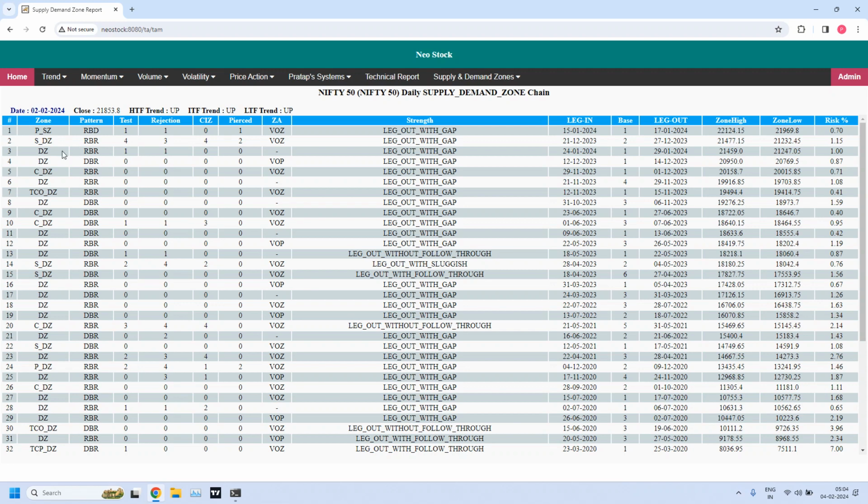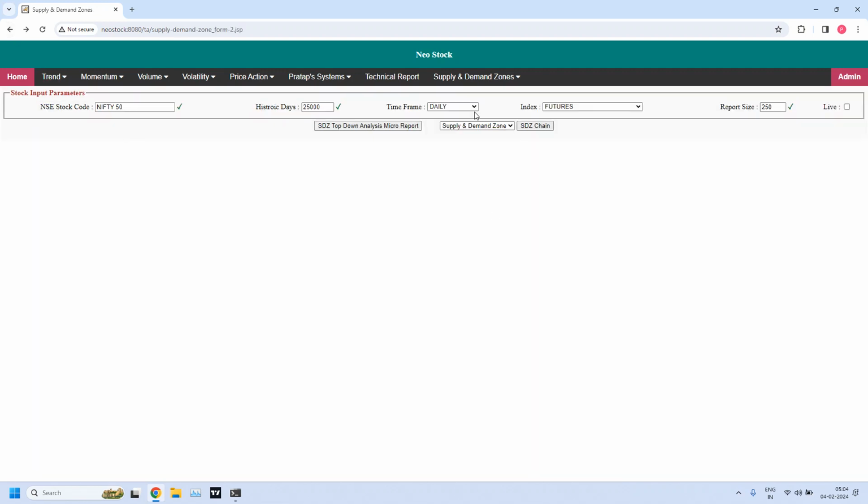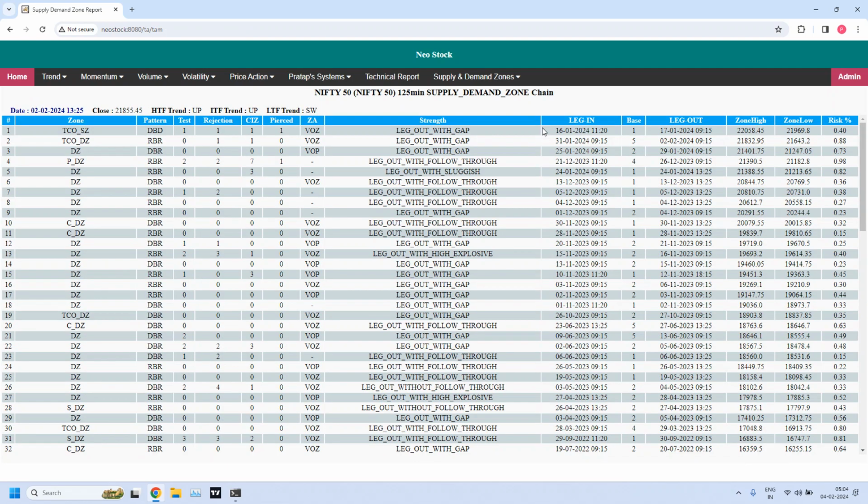During the last trading session. So let me go back and change the time frame to 125 minutes. Let me generate the chain. See, at 125 minutes also there was a supply zone which is pierced.